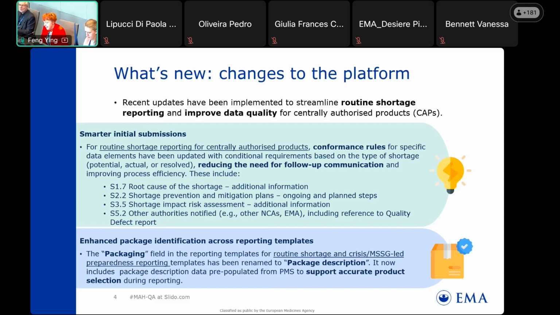So data in PMS, if it came from Article 57, that's mostly for nationally authorized products, it will have the information that was in the packaging field, which was a free text field, which then you, the industry users doing product data entry, would have been populating.